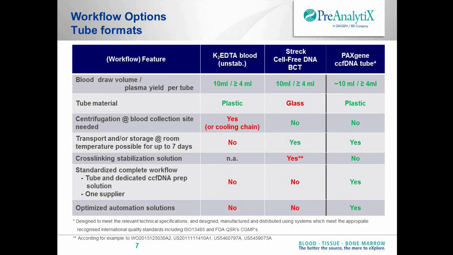What is also different from the STRAC tube and the EDTA tube is that we standardize the complete workflow. So we will not sell a tube only, but a complete system.